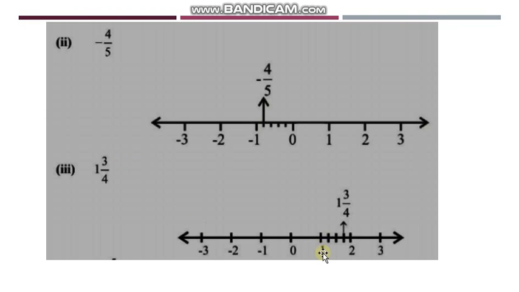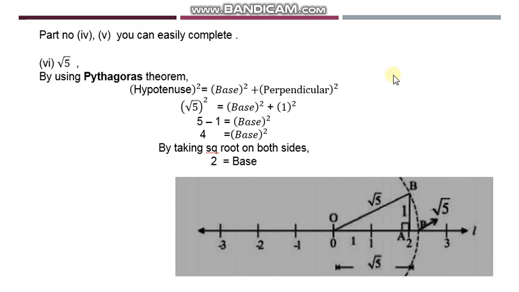For 3 over 4, the denominator is 4, so divide this part into 4 equal parts and we are having 3 out of 4. So this arrow is showing the place of this number. Fourth and fifth parts you can easily complete.